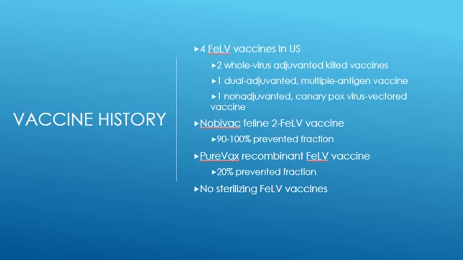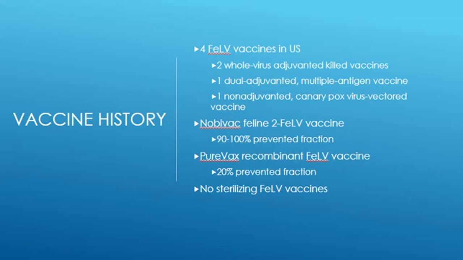There are 4 feline leukemia vaccines available in the United States commercially. 2 whole virus adjuvanted killed vaccines are available, 1 dual adjuvanted multiple antigen vaccine is available, and 1 non-adjuvanted canarypox virus vectored vaccine is also available.